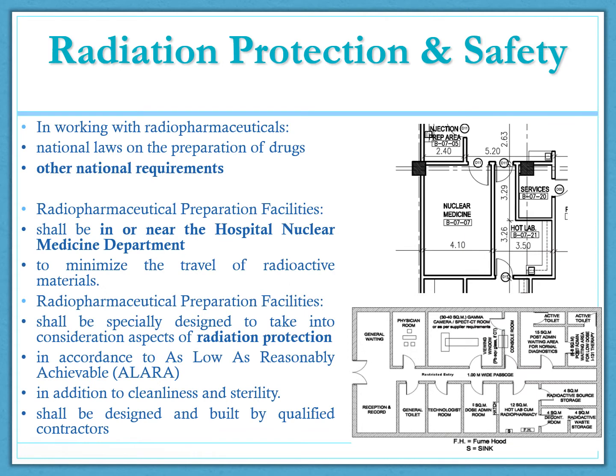In working with a radiopharmaceutical, account has to be taken not only of the national laws on the preparation of drugs, but also of other national requirements for Occupational Health and Safety, the Malaysian Atomic Energy Licensing Act 1984, as well as Radiation Protection (Basic Safety Standard) Regulations 1988.